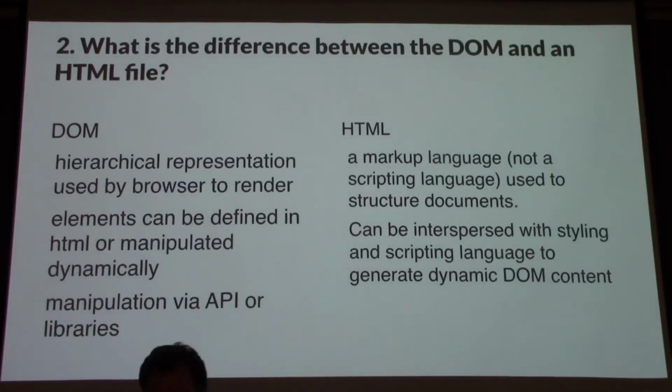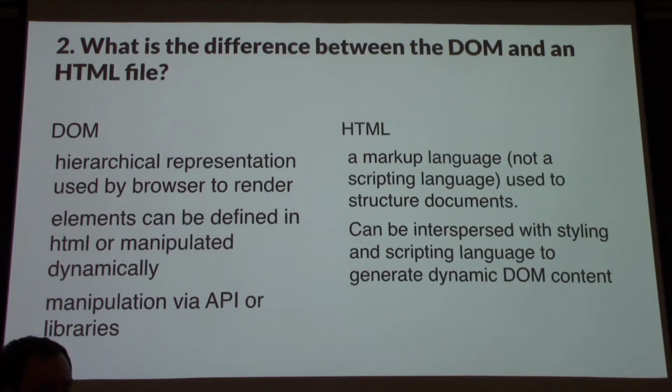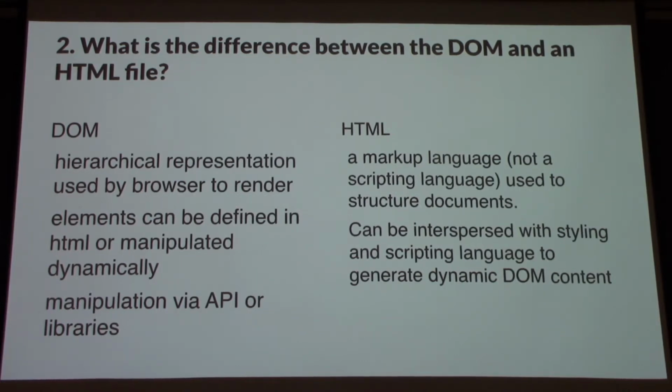Okay. So what is the difference between a DOM and the DOM and an HTML file? Here, almost everybody knew what a DOM was. The key part here was that the DOM is a hierarchical representation that can be manipulated dynamically. So the DOM is something that is represented in the browser as the browser renders the page, and you can change the DOM dynamically.